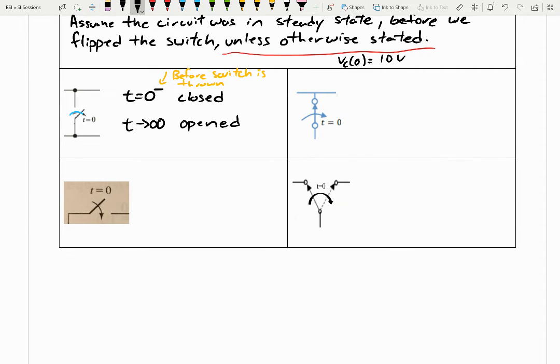Let's go down to this example. So right before we throw the switch, here we can see that this is hanging out up here for us.